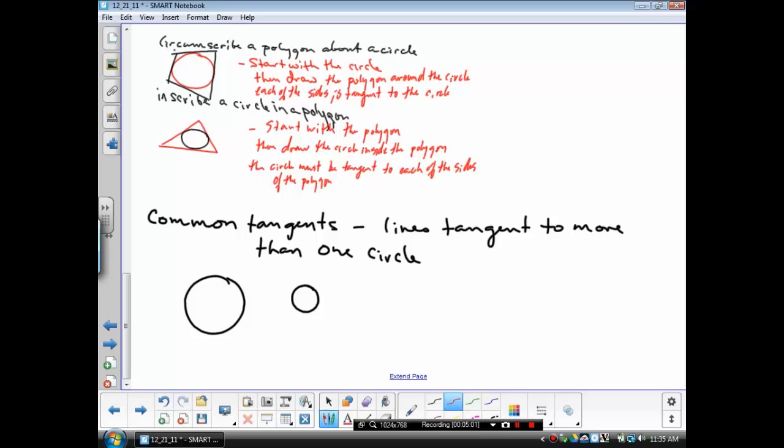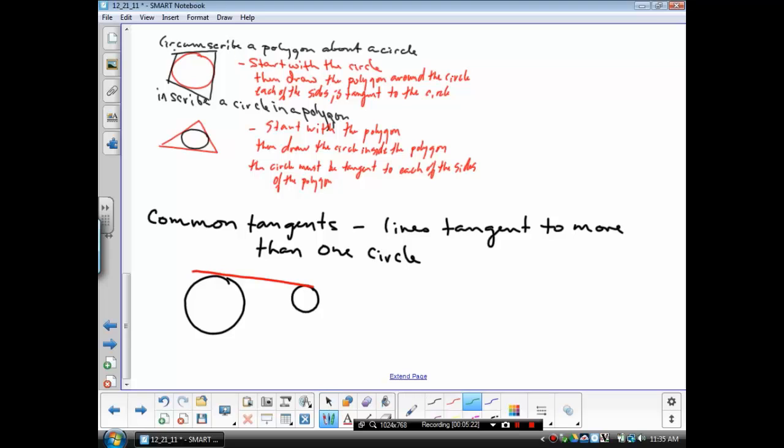An external tangent would be a line like this, where it is tangent to both circles. I can get it so it's tangent to both circles here. That's as close as I can get it.